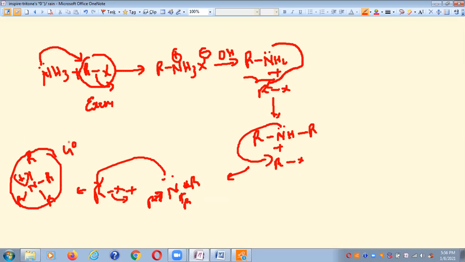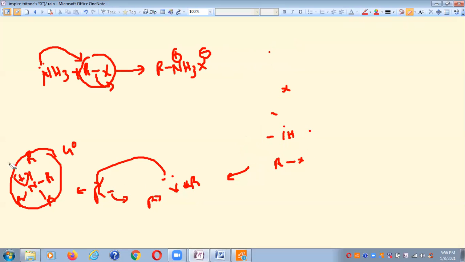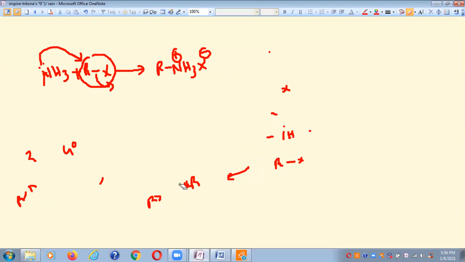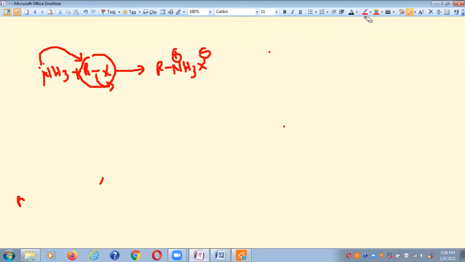If we reverse the case and take excess of ammonia, then what happens? These multiple alkylation steps may not take place, and we will end up with only primary amines.